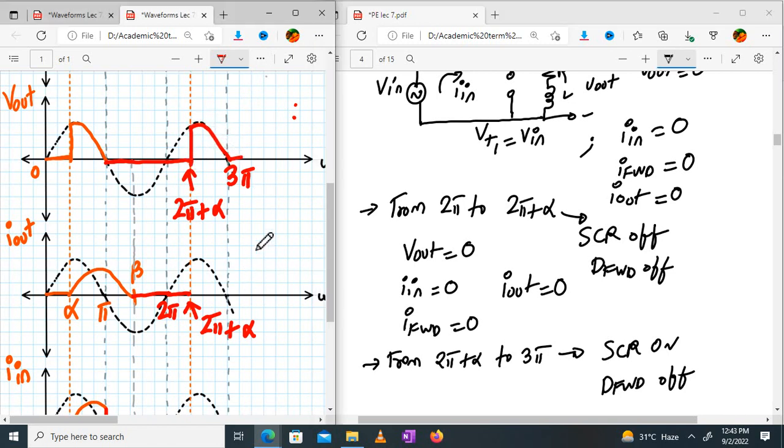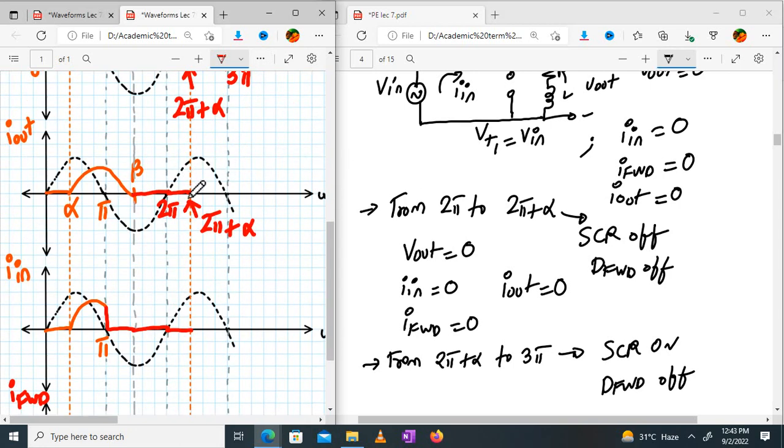Right? What will be the current? The current will go from 2 pi plus alpha to, what is this point? 2 pi plus beta. Beta is greater than pi only. So it is 2 pi plus beta. Automatically it will happen.